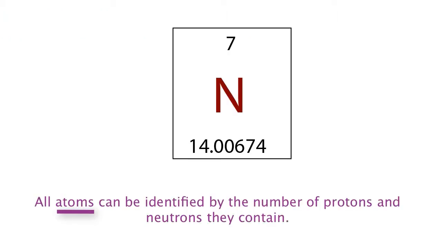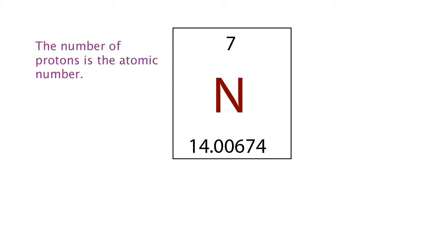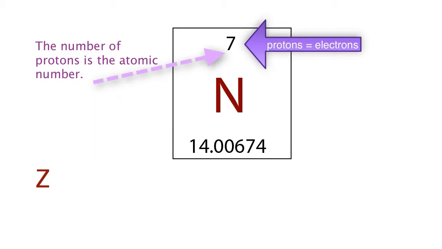All atoms can be identified by the number of protons and neutrons they contain. The number of protons in the nucleus of each atom of an element is called the atomic number, represented with a Z. In a neutral atom, the number of protons is equal to the number of electrons.